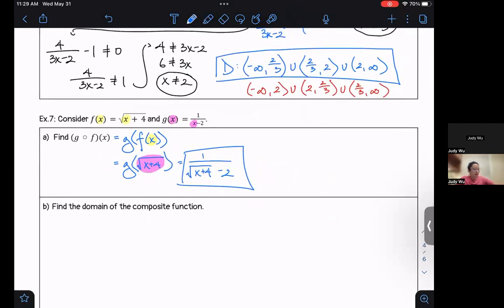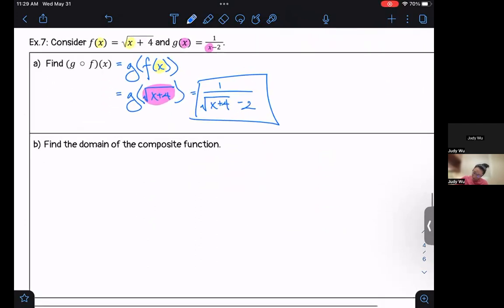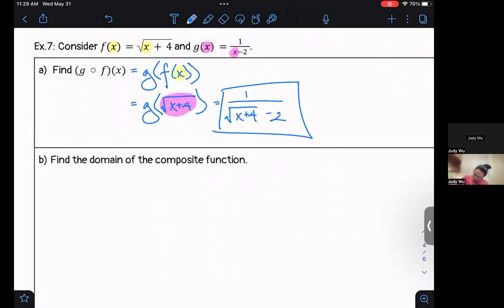All right, let's see if we can find our domain for this function. We're going to do the same thing. We start by finding the domain restrictions of the inner function. In this case, the inner function is f of x equals the square root of x plus 4.